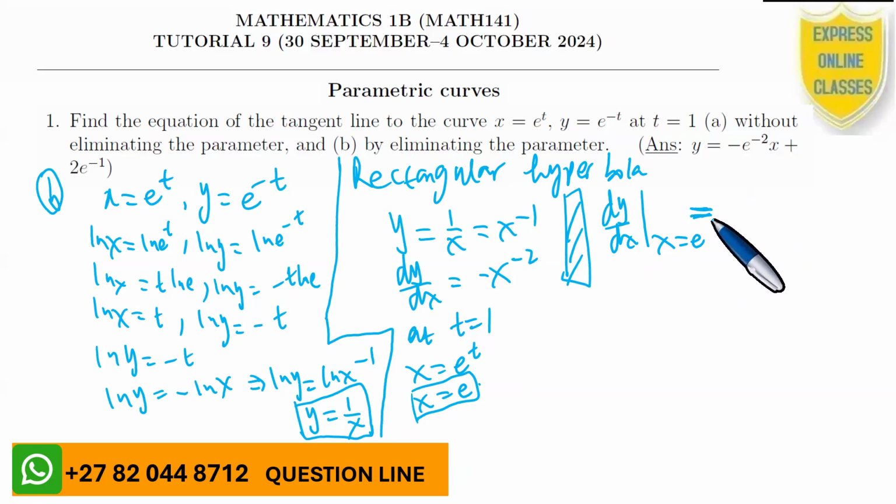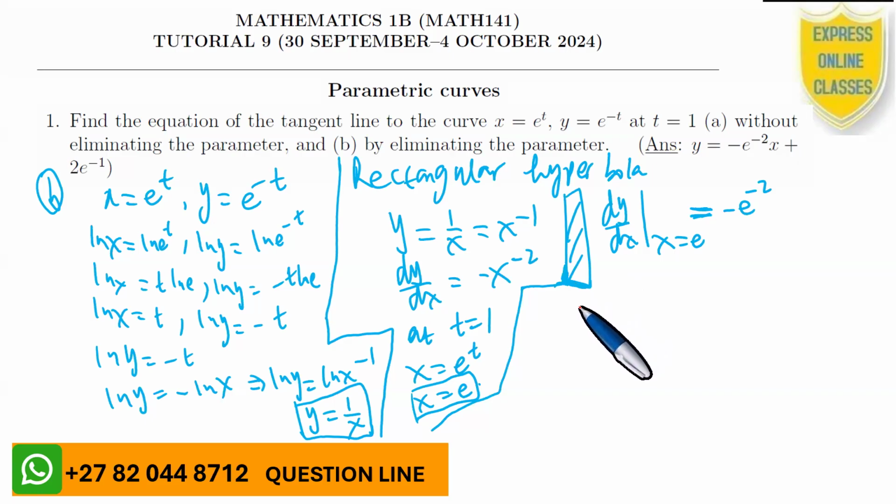So now we have this. Okay, so that becomes the slope, which is the same as what we got before in part A.